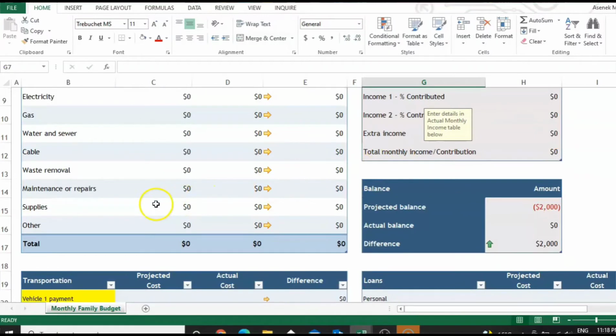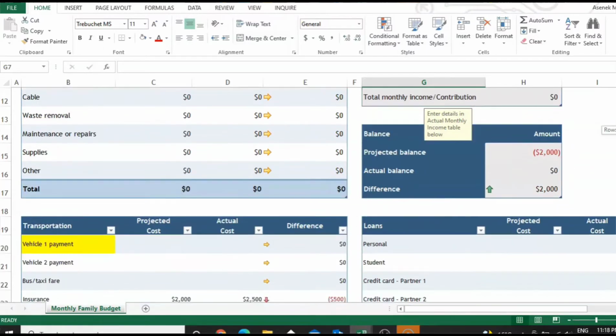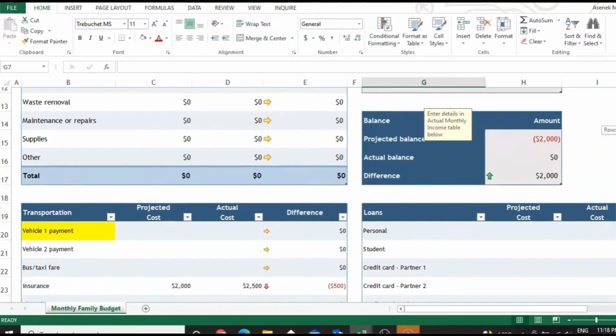If there's anything that is not on the spreadsheet, you can simply insert a line and add the category that is missing. Always make sure that you enter the projected cost and the actual cost so you see the difference and it helps you determine if you are overspending or underspending in that category.